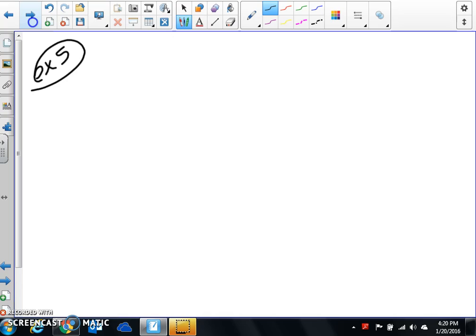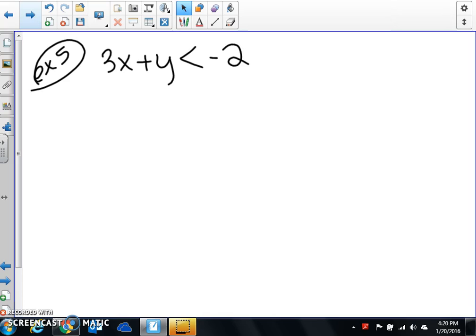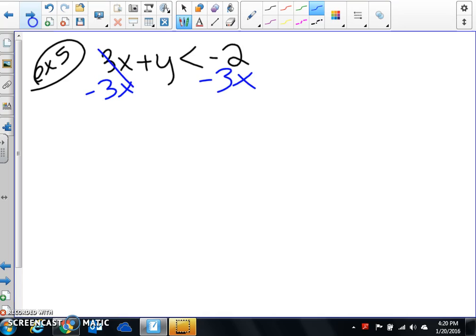Example 5. 3x plus y is less than negative 2. All right, so I see if it's in y equals mx plus b. It is not, so I need to subtract my 3x over. y is less than negative 3x minus 2.